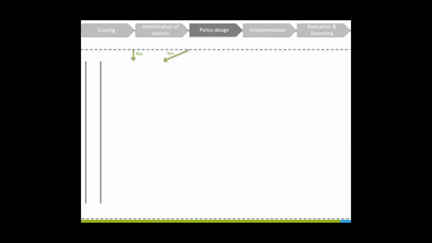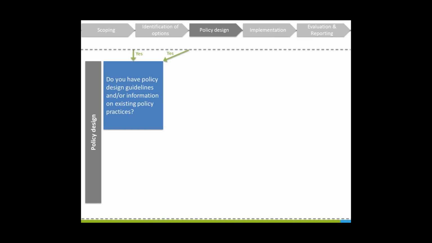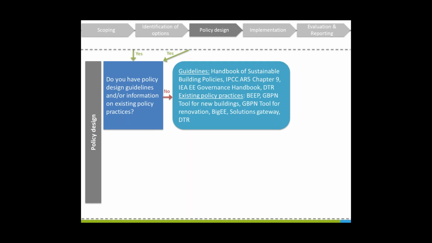The next stage of the cycle is policy design. And at this stage it is important to have certain design guidelines and information on existing policy practices to take into account when particular policy instruments are being designed.